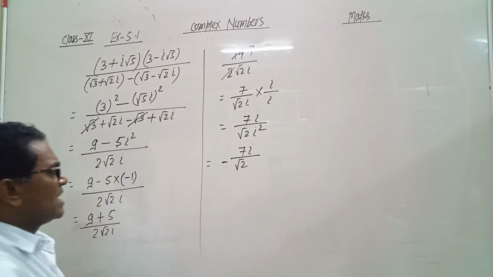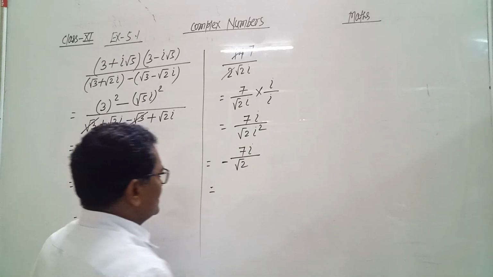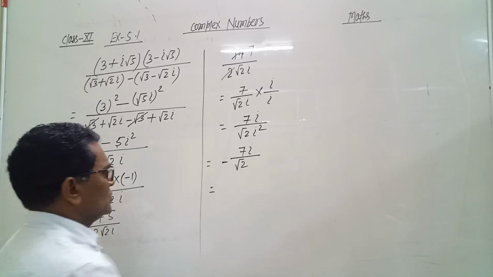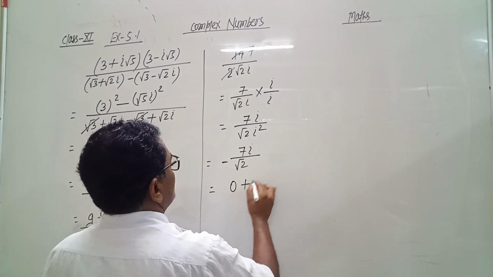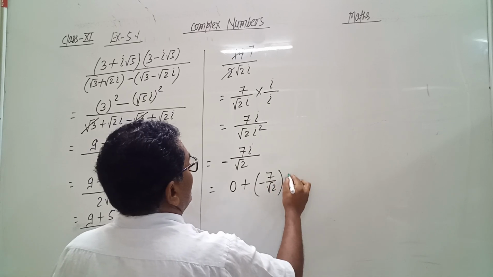Now we have to write it in the form of a plus iota b. This is the pure imaginary part because the real part is 0. So we write 0 plus minus 7 by root 2 into iota.